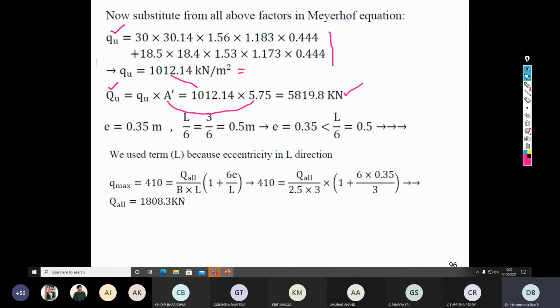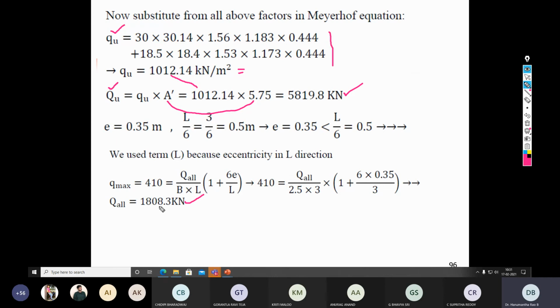So we know all the geometry except the axial load. Rather than the axial load, it is given how much pressure is coming. So you equate to 410, then calculate the Q allowable by simplifying this equation.